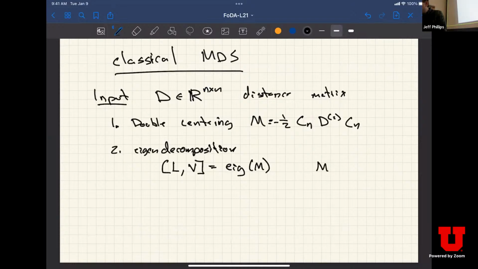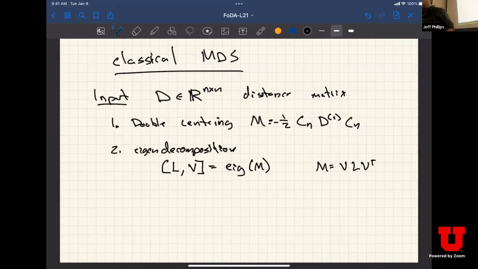So M is going to be equal to V L V transpose, and V are going to be orthogonal matrices, so all the columns of V are unit vectors and orthogonal to each other. L is going to be the n by n diagonal matrix with the eigenvalues in decreasing order, saying the importance of these things.